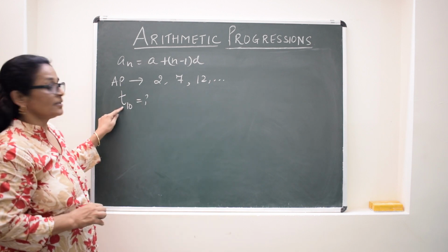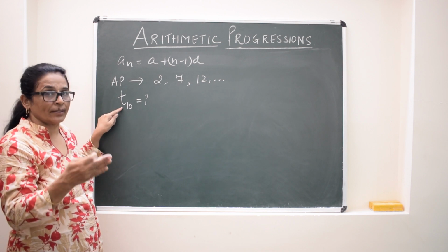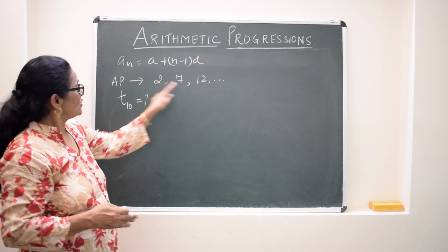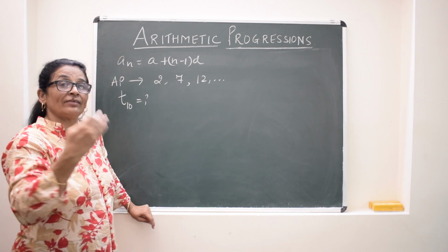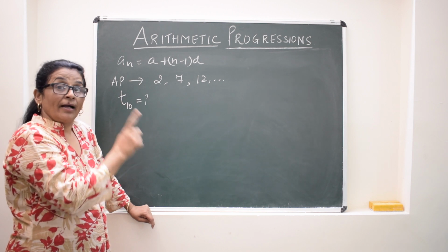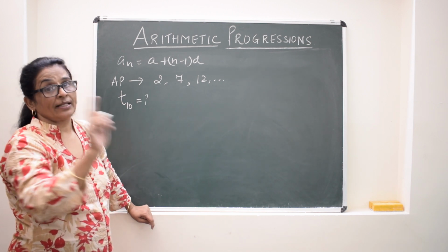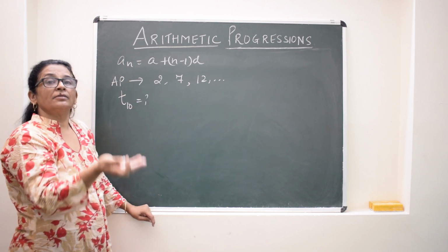You can represent this 10th term as A10 or T10. Clear? Now in this it is already given it is an AP. But suppose the question is given, check whether it is an AP or not. So what did I tell you? You will find out the D, and on the basis of D we will decide whether it is an AP or not.